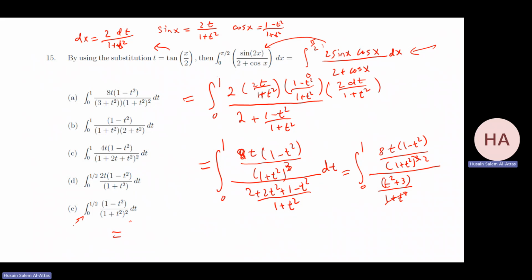So that will be from 0 to 1, 8t, 1 minus t squared over 1 plus t squared squared. This one will go as a reciprocal. That will be t squared plus 3 dt, which is this one. Yeah, sometimes in calculation I forget the x. Substitute this, everything.